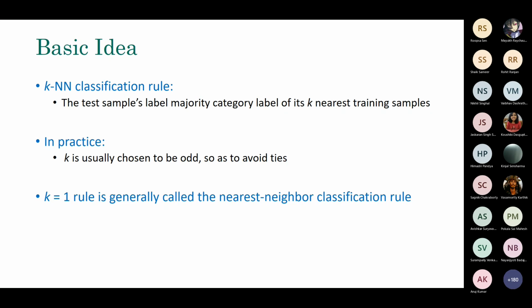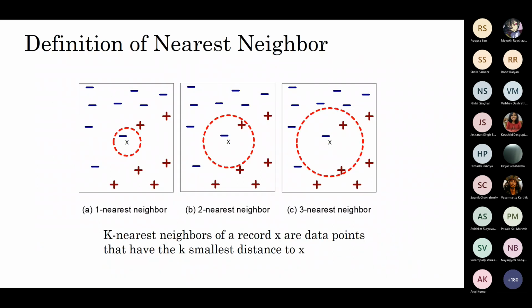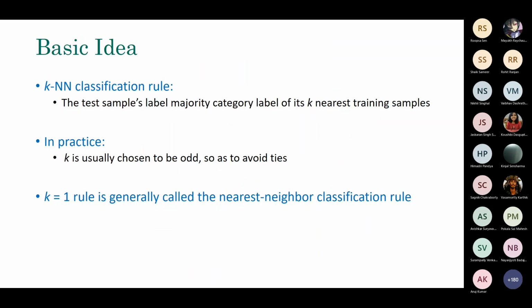Okay, so just quick, yeah, please. Can you explain the rule? The k-nearest classification rule. Yes, sir. Okay, so say you are the test sample. I do not know your label, and there are lots of training samples in the data.